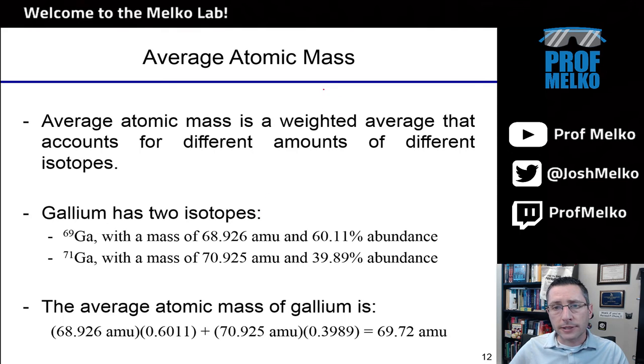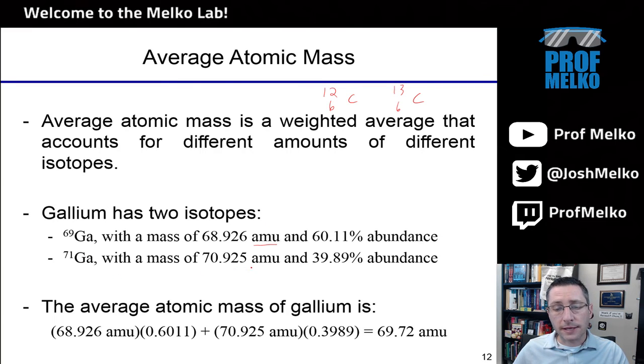Just like before, where we had carbon-12 and carbon-13, we can have gallium. Here's gallium-69 and gallium-71. The mass of gallium-69 is 68.926 AMU. So we're working in this unit of atomic mass units, not grams.